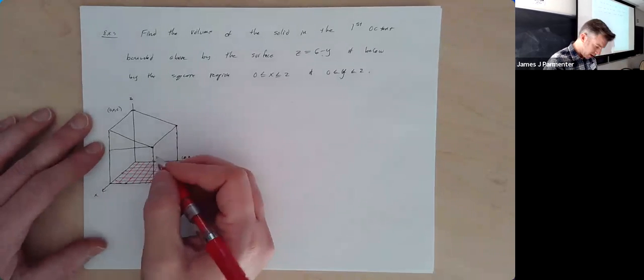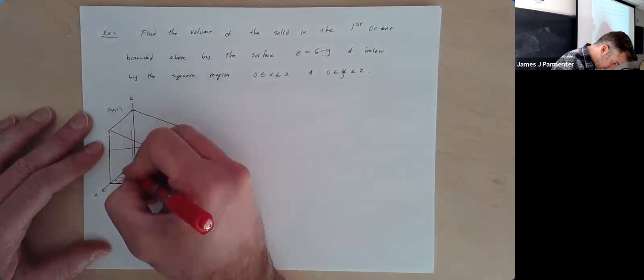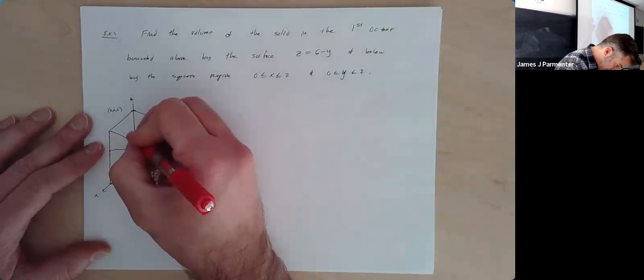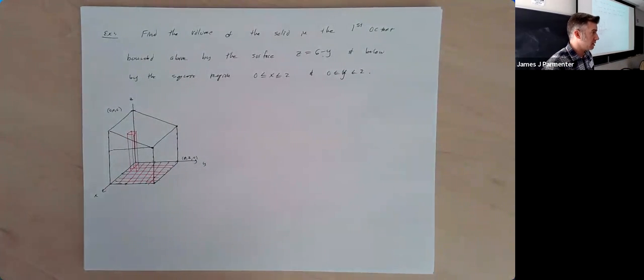And then we're seeing, okay, if I look at the height of this square, I'm going to find the volume of this little box. I'm going to add up all the volumes of the boxes.